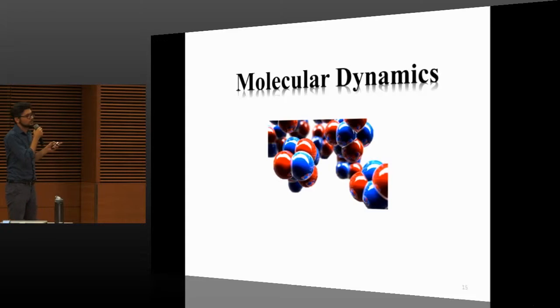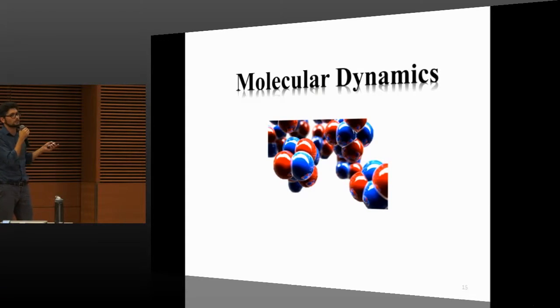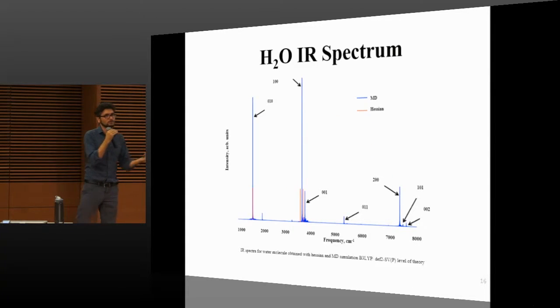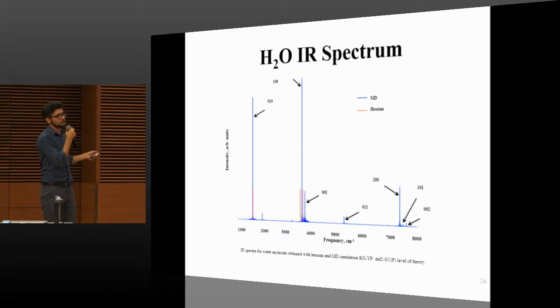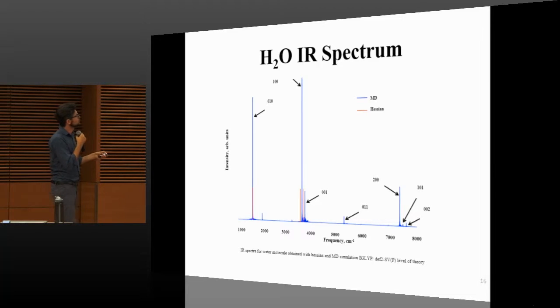And we also tried to use molecular dynamics, first for a simple molecule like water, and that showed us this can provide not only harmonic or normal modes, but also overtones and combination bands, as you see here.